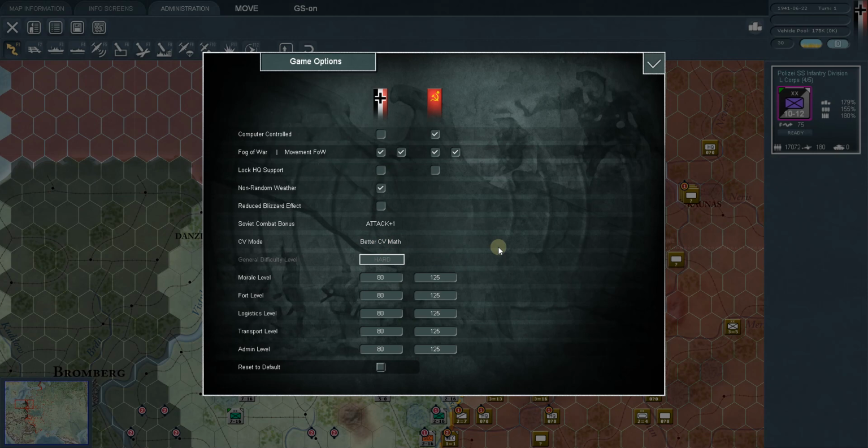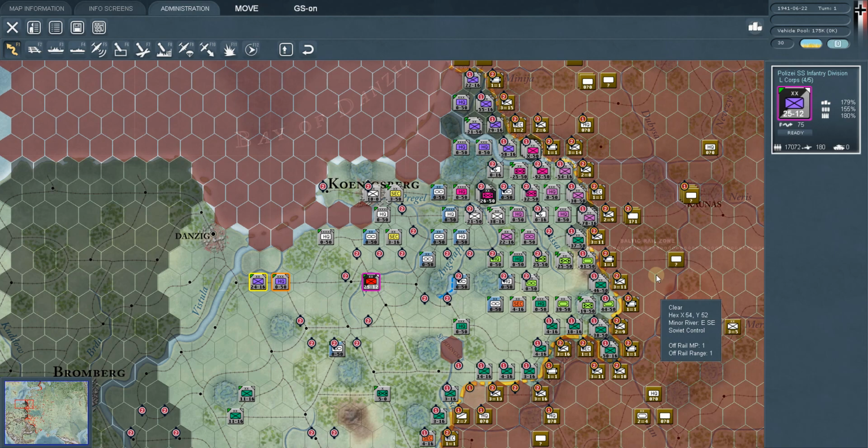And I guess that's why I was struggling a little bit explaining it, because it's a little bit beyond where we are for a basic tutorial. But I did want to say, honestly, it's better Fog of War to play default, as far as you don't know nearly as well how good your combat value is. When you play better CV math, you have a much better idea of what your combat value will be when you actually go into combat.